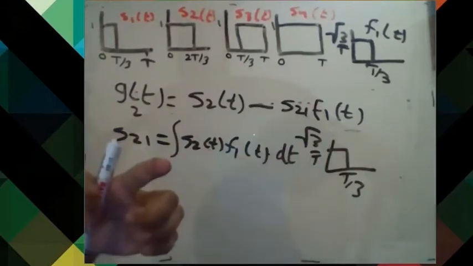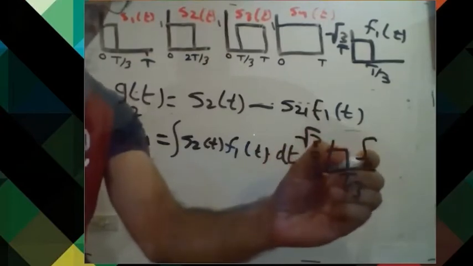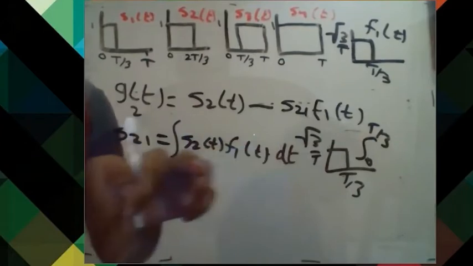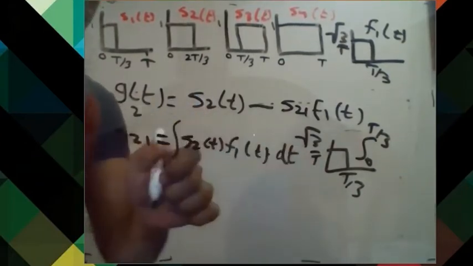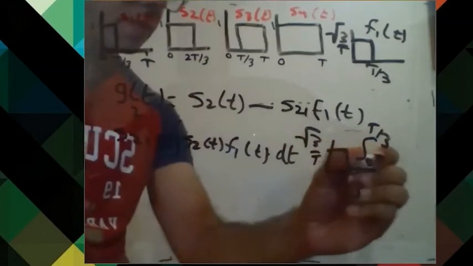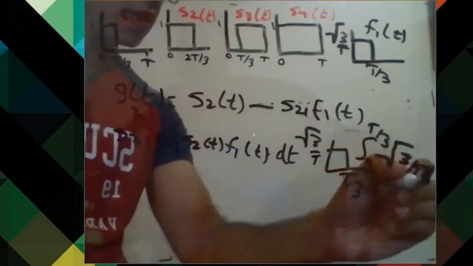Now I have to integrate it. I'll integrate the signal from 0 to T by 3, and the value of this product is equal to root 3 by T, into dt.